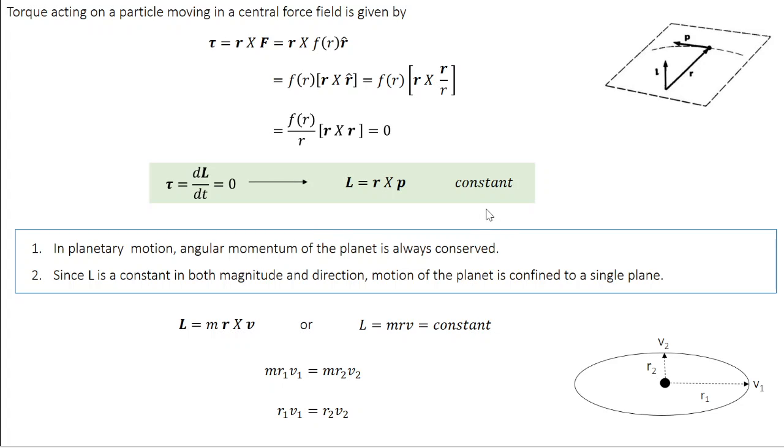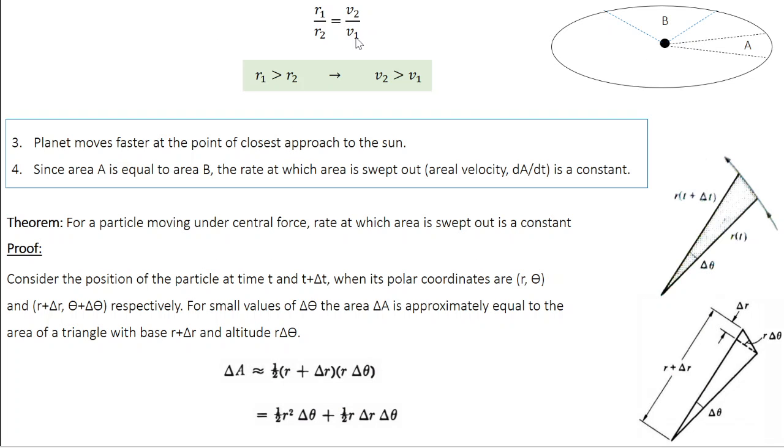Now, according to conservation of angular momentum, the angular momentum at point 1 is the same as at point 2. So I can write m r1 v1 equal to m r2 v2, where m is the mass of Earth, which is the same at both locations. So I can cancel m on either side. So I have r1 v1 equal to r2 v2, or I can write r1 by r2 equal to v2 divided by v1.